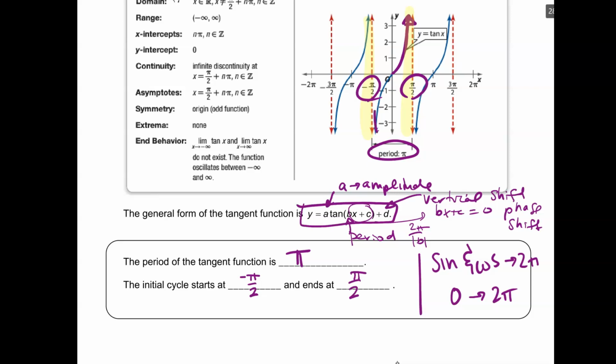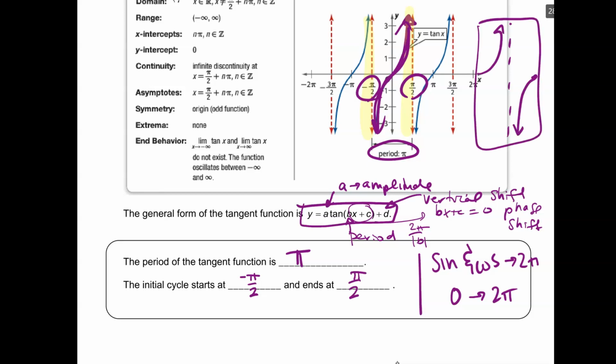That way we have one complete cycle of our graph. Otherwise, it would look something like this, asymptote. Imagine that this is 0 to pi. That's not nice looking. That's why we go from negative pi over 2 to pi over 2. That way it's one complete, smooth, continuous curvy line.